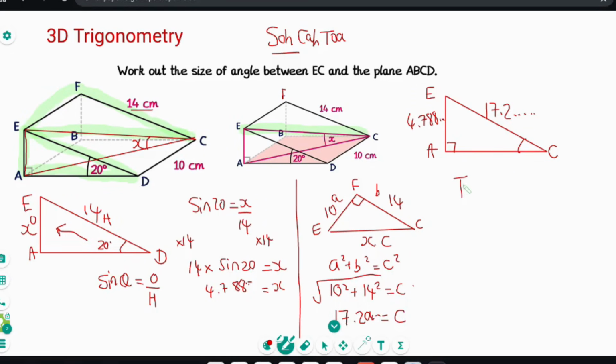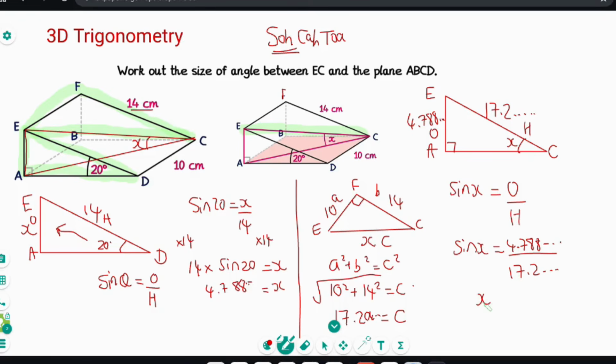So it's not tan. We have opposite and hypotenuse again. So it's sine x equals O over H. Sine x equals 4.788 over 17.2.